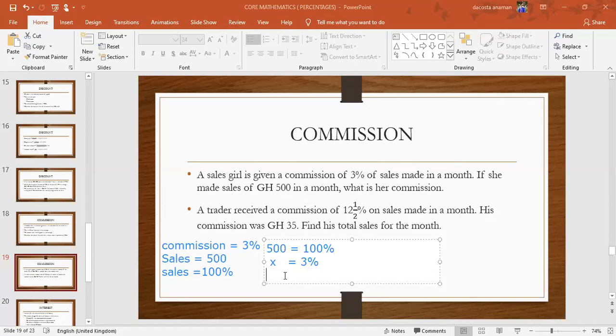You can do cross multiply. 3 times 500 is equal to 100x. Let me do it as I talk, or somebody will say, I don't understand. So 3 by 500 is equal to what? I'm sure someone has finished solving this by now.